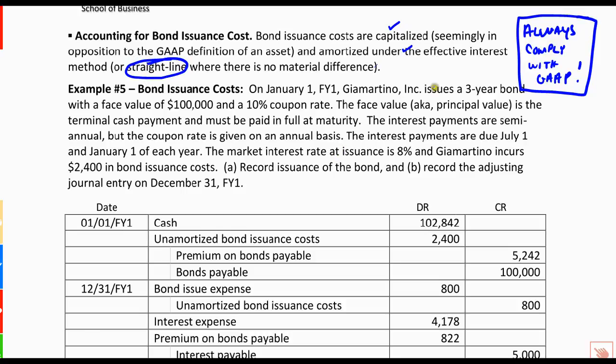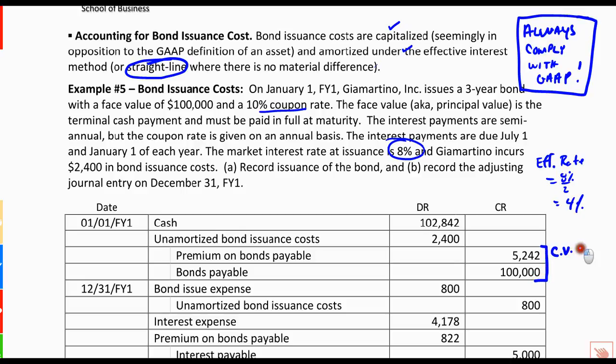All right. Here is our 10% coupon bond that was issued when the market rate was 8%. So just to remind myself, the effective rate equals 8% divided by 2 equals 4%. Now, you do not change the carrying value of the bond.